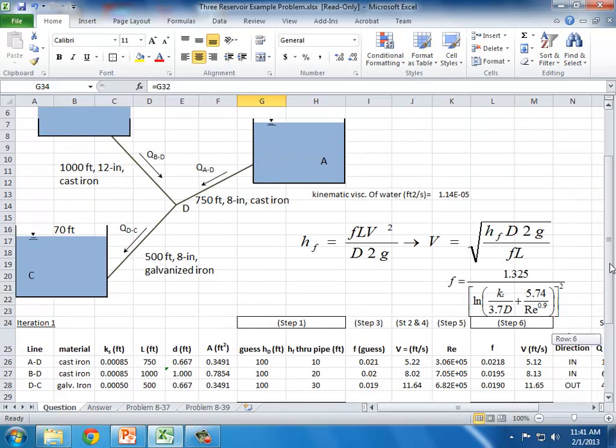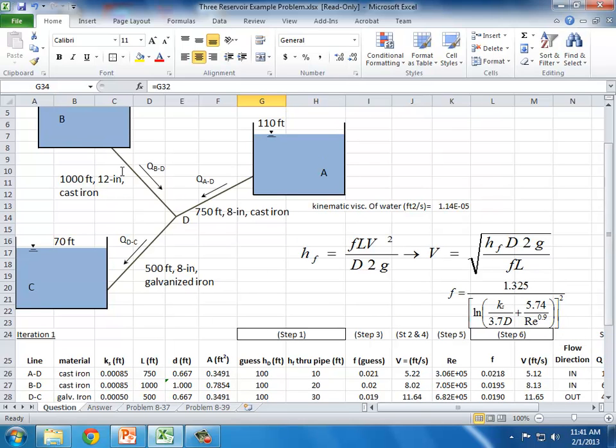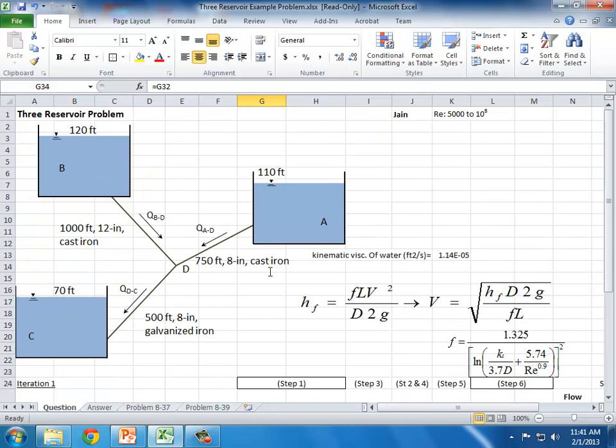Now, if it's at 105, then the water still flows towards D from both of these upper reservoirs and into C from D. If I had picked my new H sub D as 111, then that would change the direction of flow from D to A. That's a really important point, because in your homework, you're not necessarily going to know if your first guess is too low or too high.